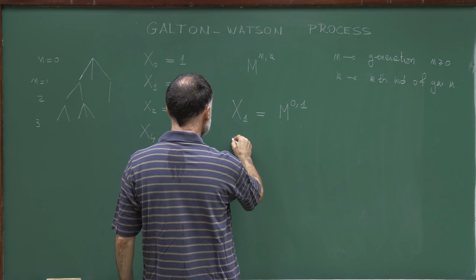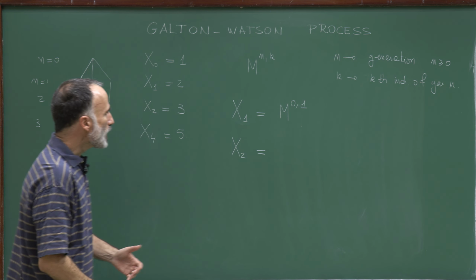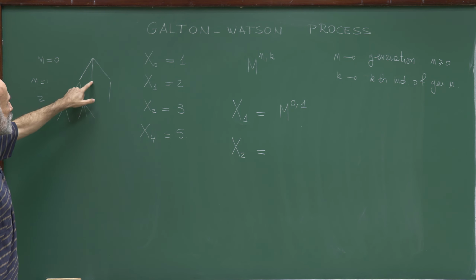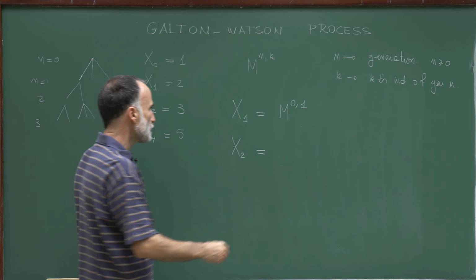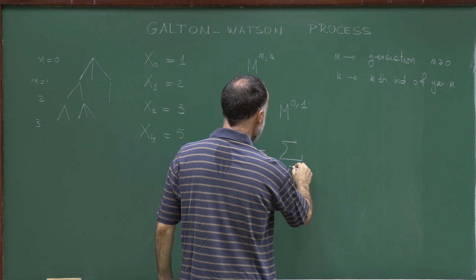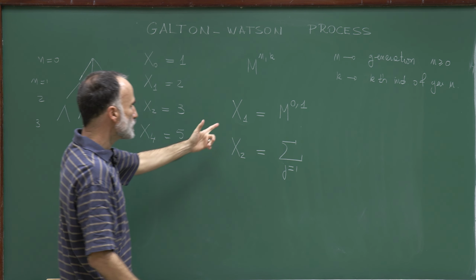And in the same way, if I want to represent x2, I have to sum the number of offsprings of each individual of the first generation. So I will sum over all elements of the first generation, but this is x1.